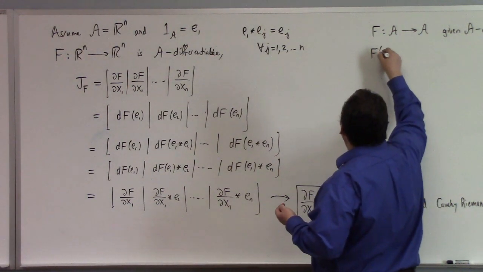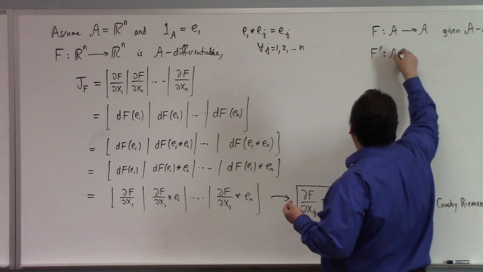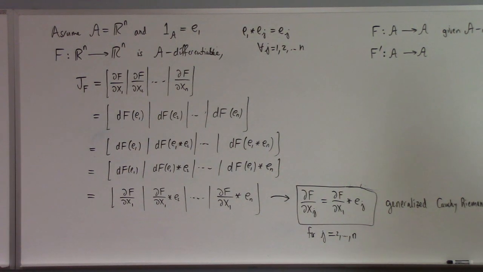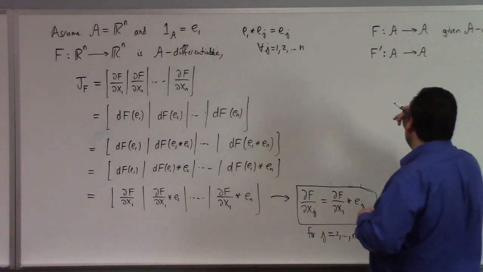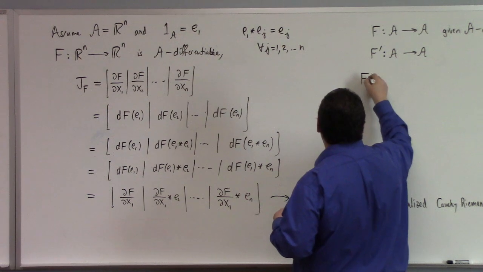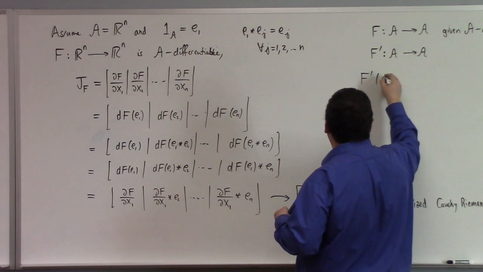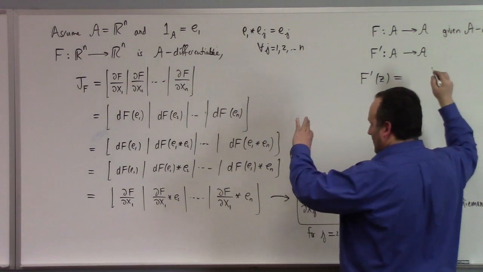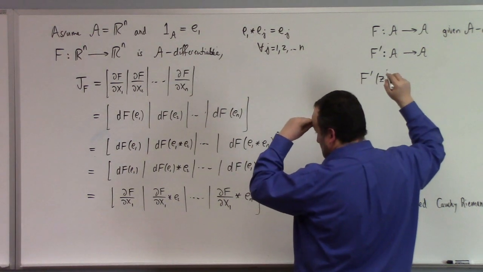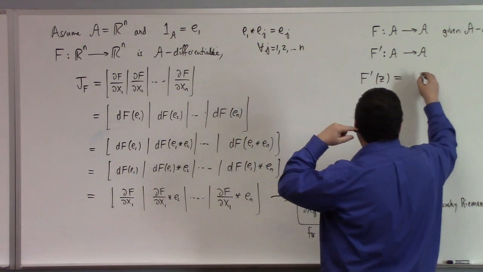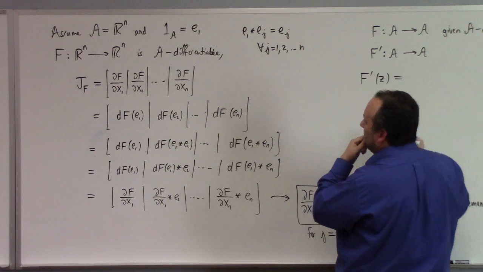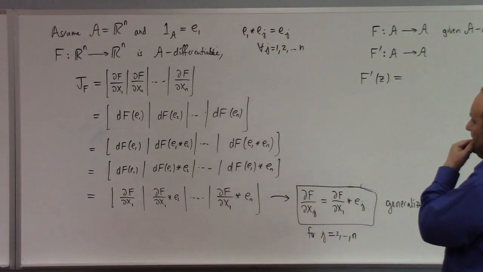I'm claiming that we can define f prime as, again, a mapping from A to A. So the way this works is simply this: we say f prime of z is equal to, well, I have a bunch of different ways to write it.